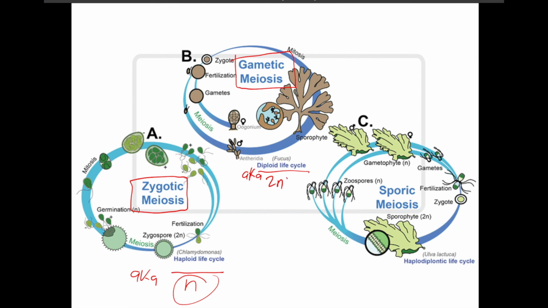It is a diploid organism. Now, for the sporic meiosis, this is also known as your haplodiplontic life cycle, because your organism has an alternation of generation between the N and the 2N individual. Let's put it right here. Alternation of generation.